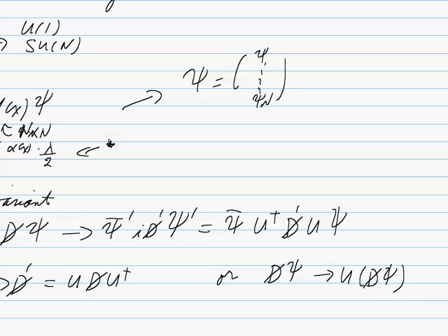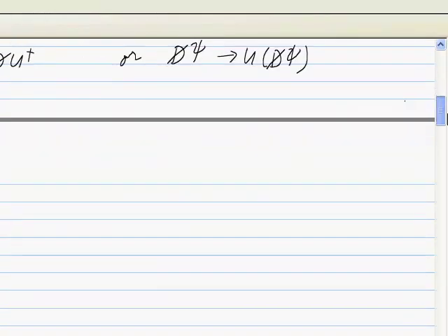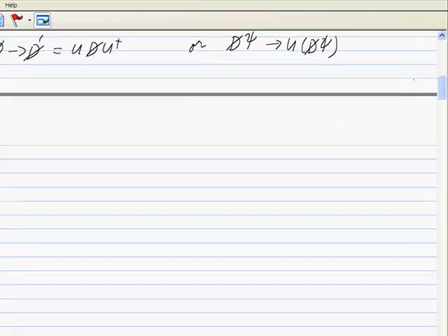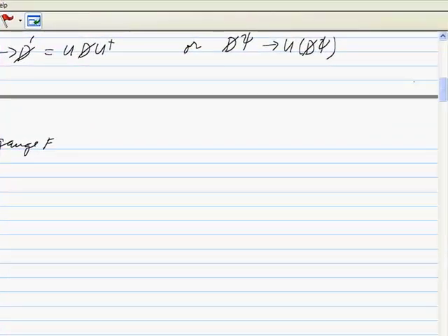This is the idea that it's covariant: d slash psi transforms the same way as psi does. This will require SU(N) gauge fields, and the goal is to construct their transformation properties.